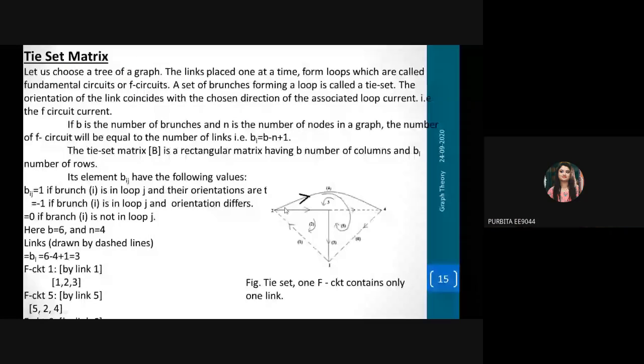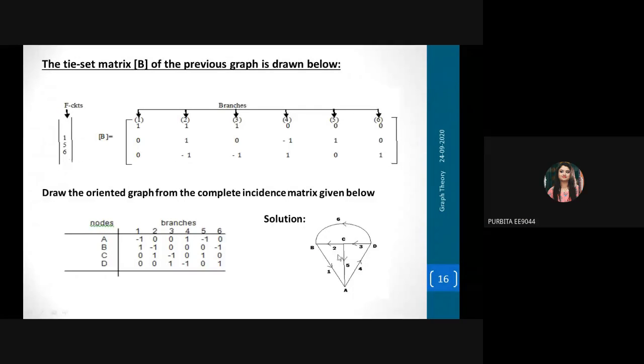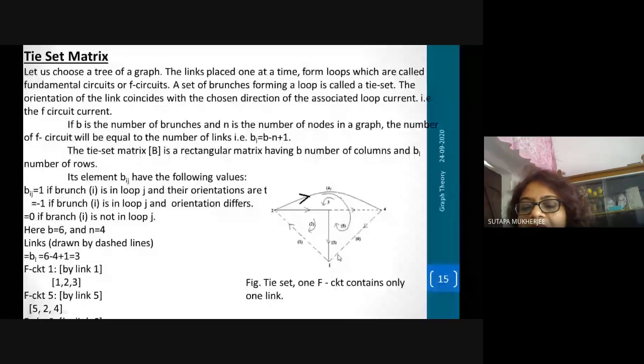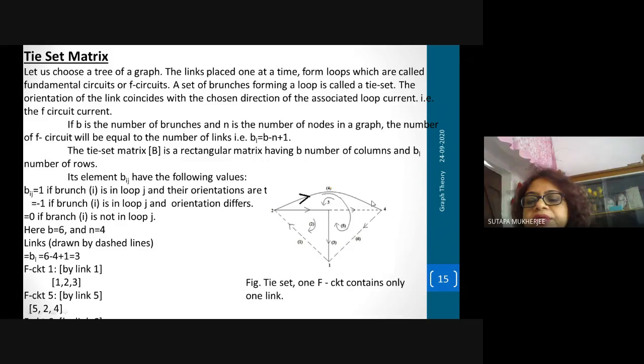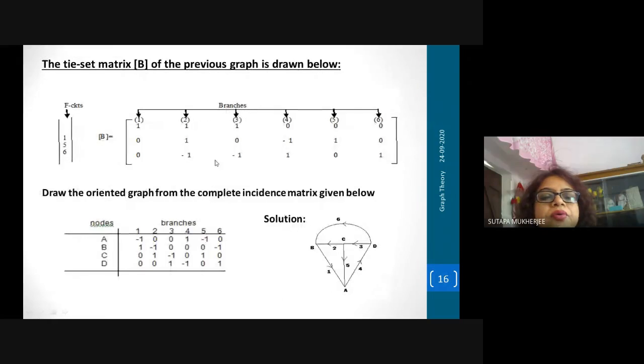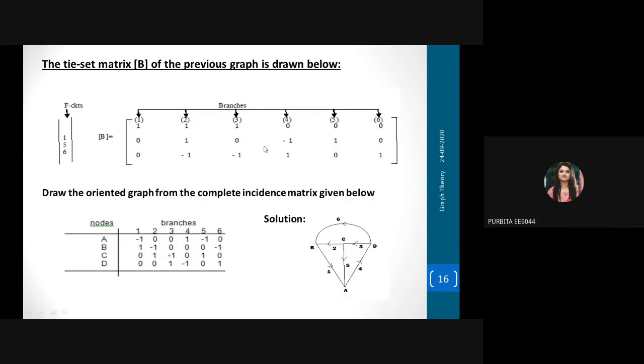Now link number 6. Which loop is here? This loop. If you consider link number 6, tell me the branches. Branches 3, 2, 4, 6.